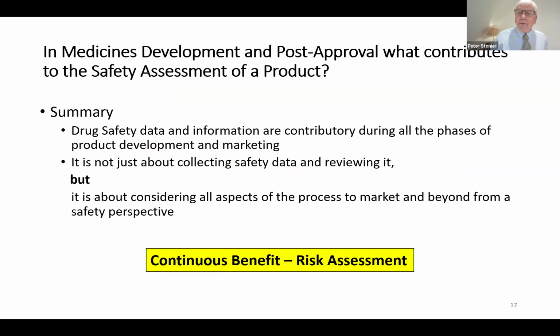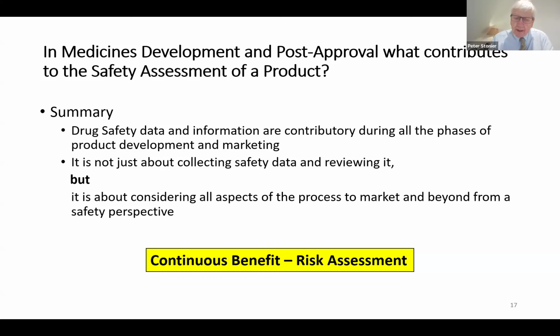So in medicines development and post-approval, what contributes to the safety of a product? Well, in summary, the drug safety data and information are contributory during all the phases of product development and marketing. It's not just about collecting safety data and reviewing it, but it's also about considering all aspects of the process to the market and beyond from a safety perspective.